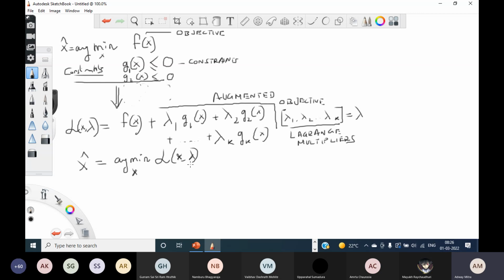Of course, it is not enough to choose just x. We have to choose a lambda also, but ultimately we are not interested in the lambdas. We are only interested in x. So we will minimize this with respect to x, across all values of lambda, and accordingly we will choose x hat.